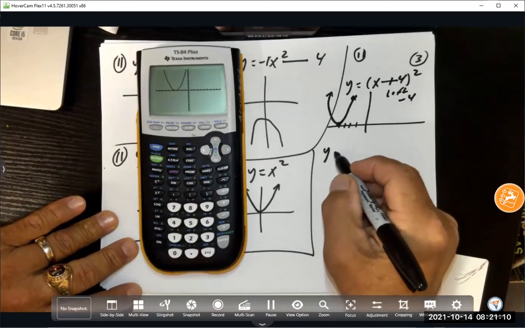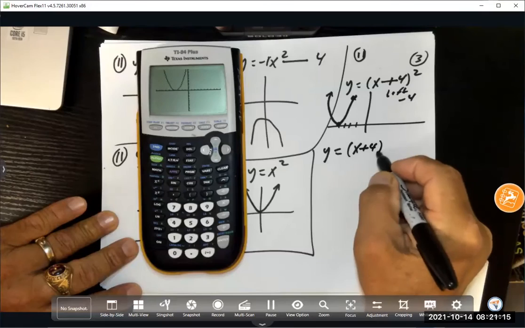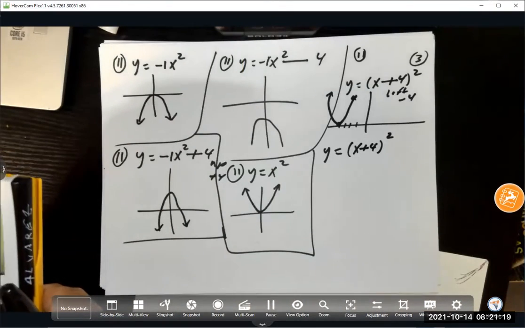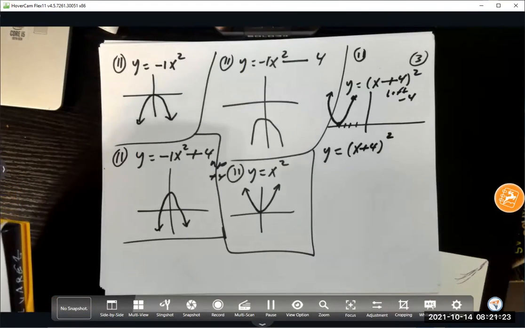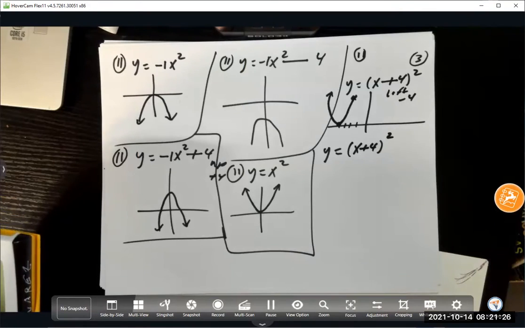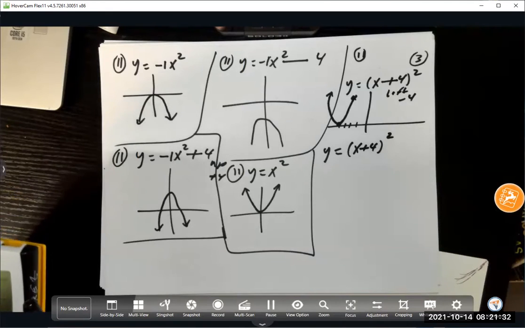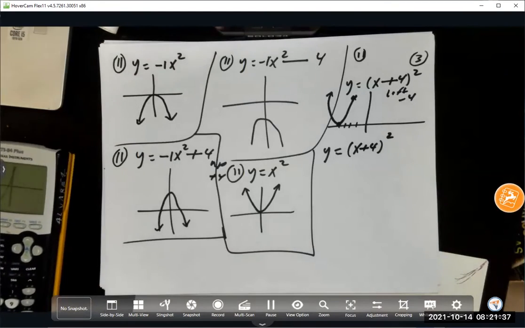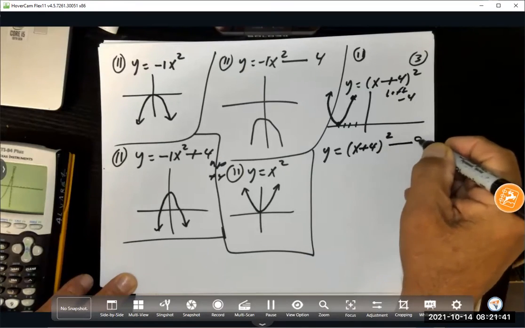Now I'm gonna do the same thing, but I'm gonna add one more thing to it. X plus 4 squared, and then I'm gonna put this -9.